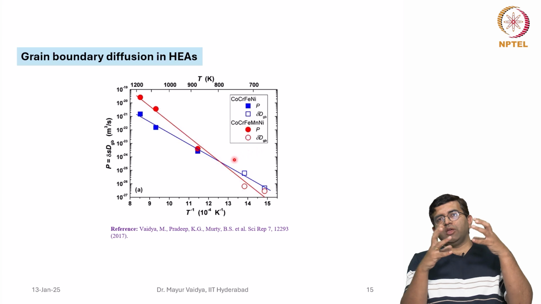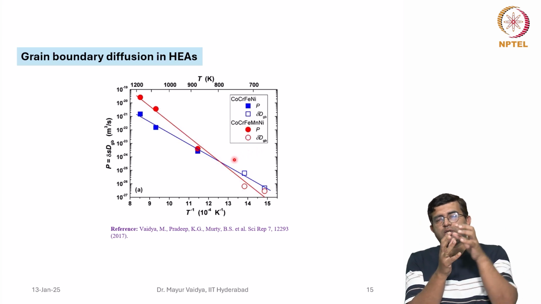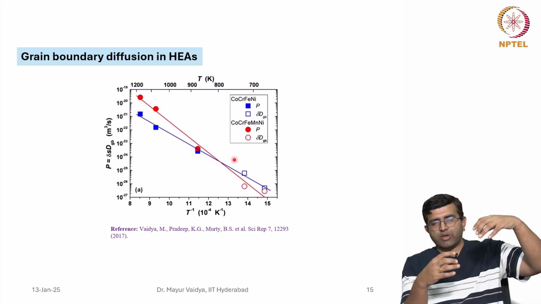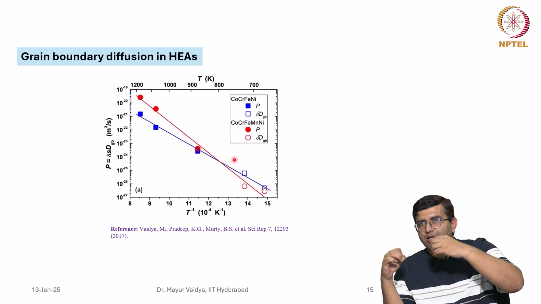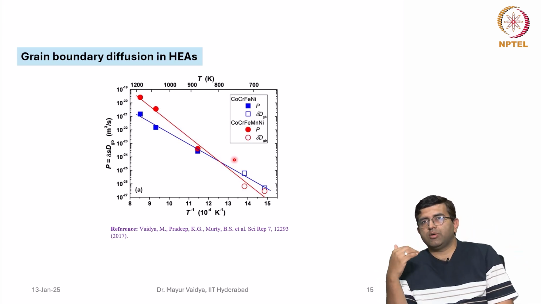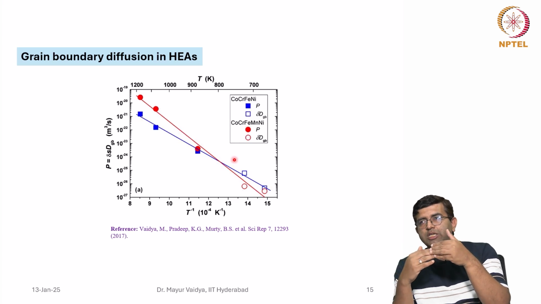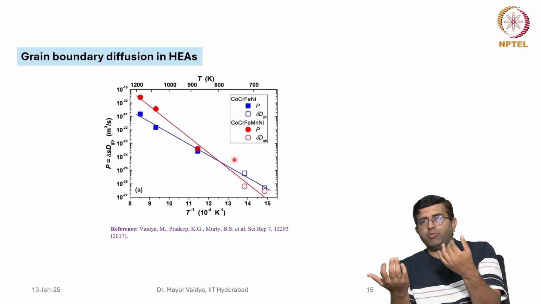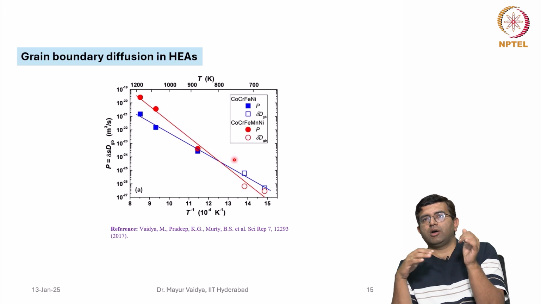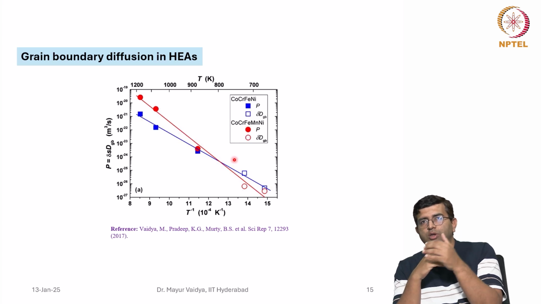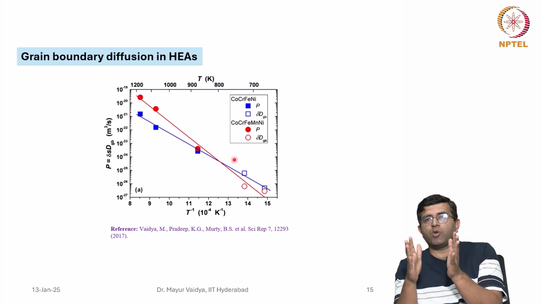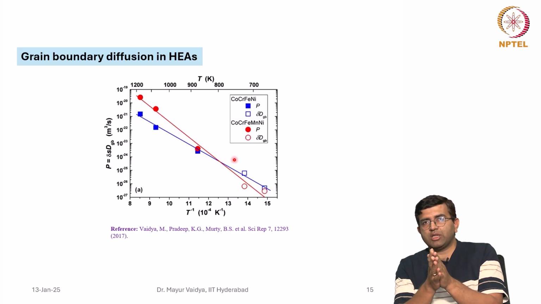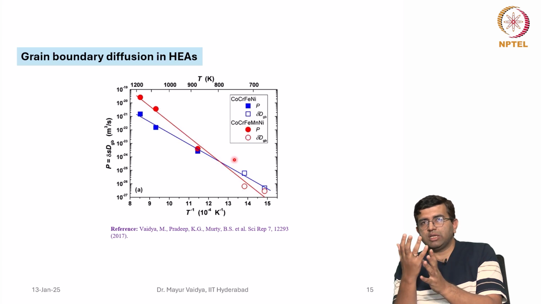But if you combine these two measurements, that means you perform a certain series of experiments in the B kinetic regime and certain in the C kinetic regime, you can multiply the dGB by delta to obtain P, or you can divide the P by delta to get the dGB, and you can plot them on the same scale to get the activation energy and more information about the P naughts and D naughts.